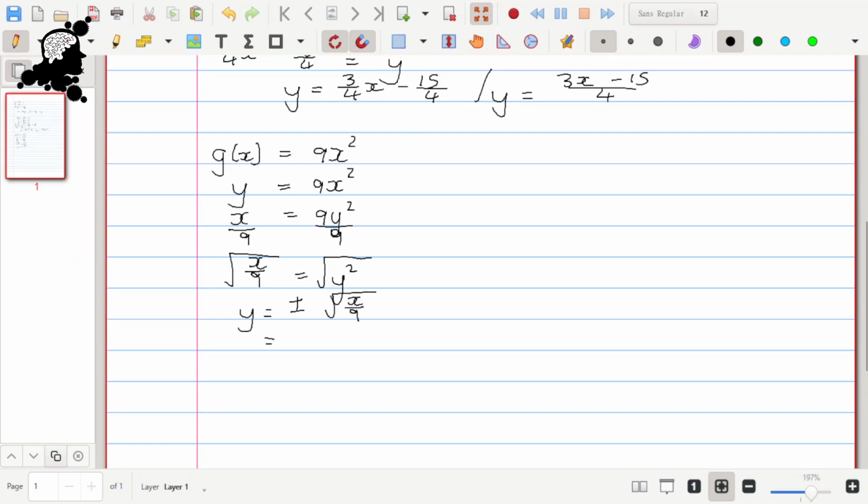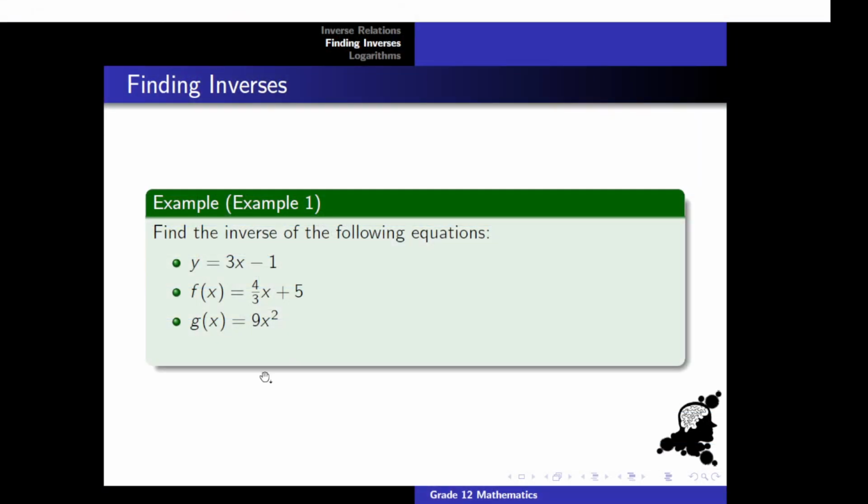We can write this as plus or minus the square root of x divided by the square root of 9. Now, because 9 is a perfect square, we could say this is the square root of x over the square root of 9, which is 3. And there we are. We are done. We have written the inverse of this function. Wonderful. Let's move to the next section.